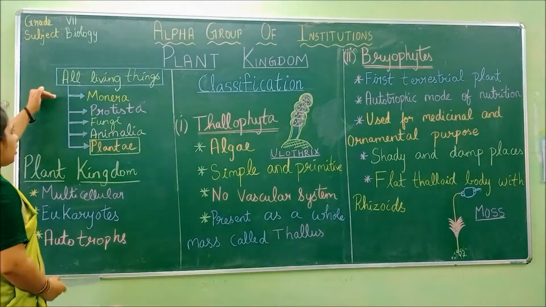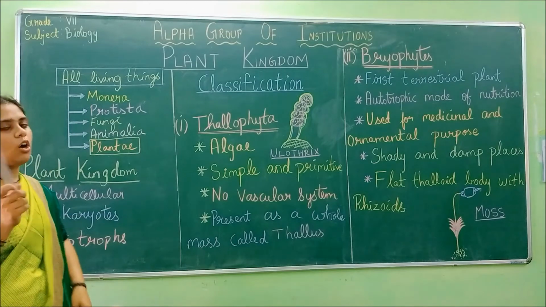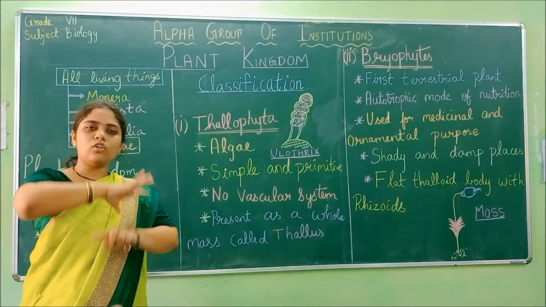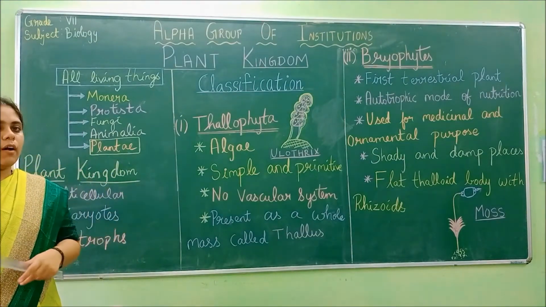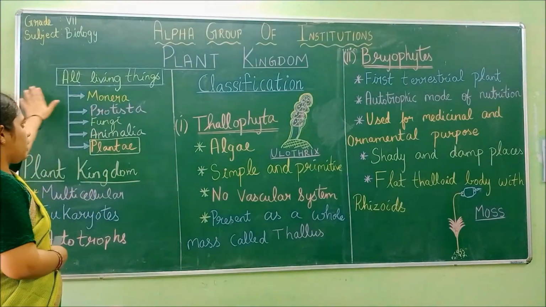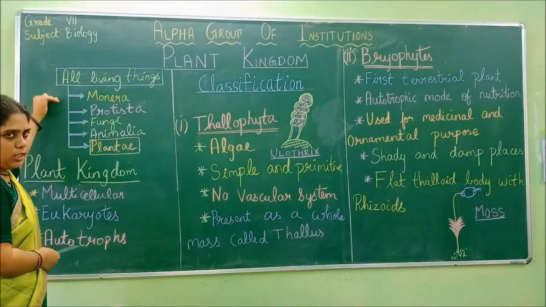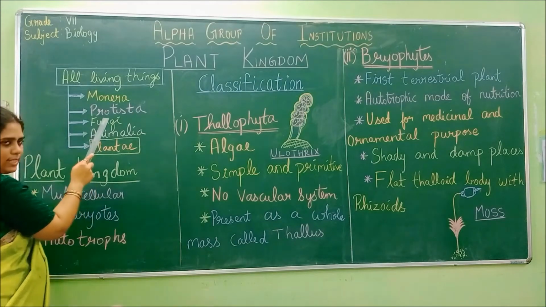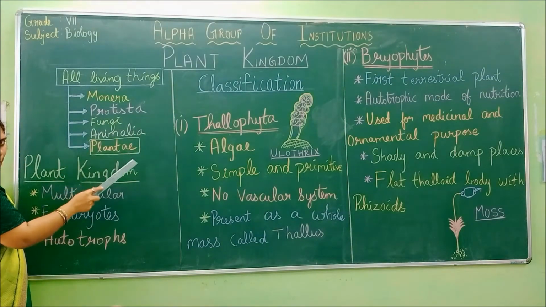They have taken all the living organisms, not only plants and animals, from microorganisms to the huge animals. All the living things are put into Monera, Protista, Fungi, Animalia and Plantae.